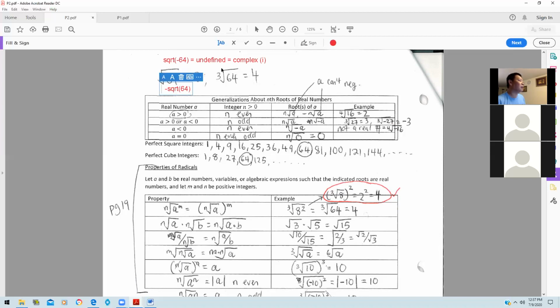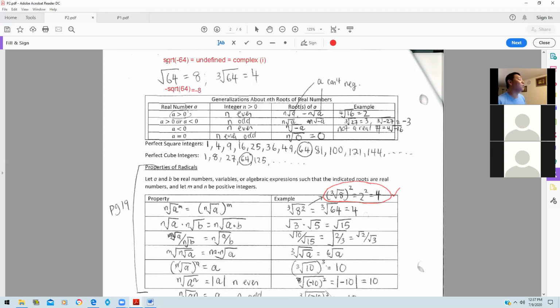Not inverse. Is that undefined or is that a number? You have a number in this case. So when you put a negative in front of this, then this will become a negative 8.